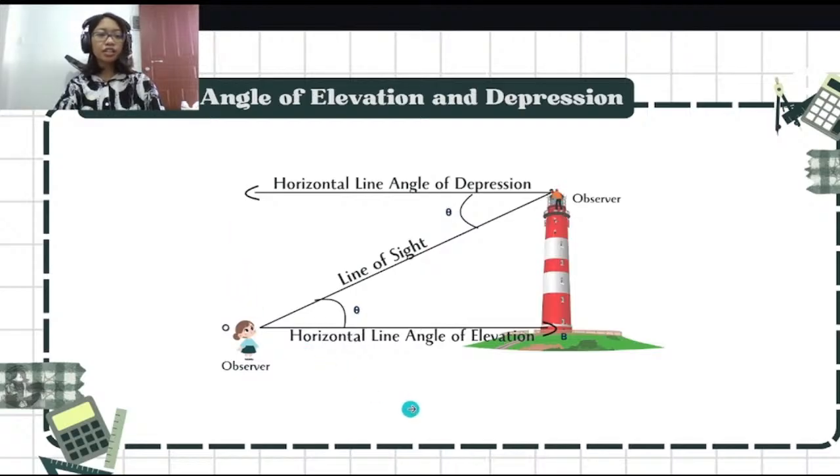A key idea to remember is that these two angles are equal when they share the same line of sight and parallel horizontal lines, which allow us to model real-life situations using triangles.